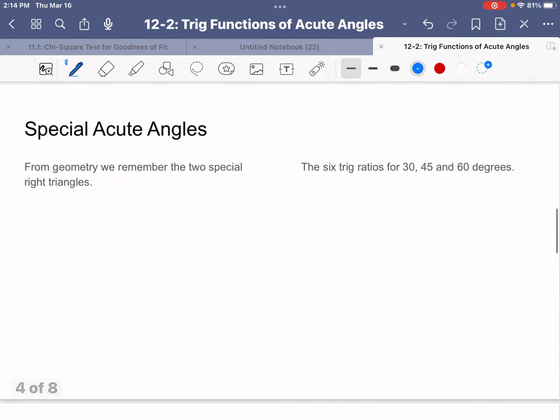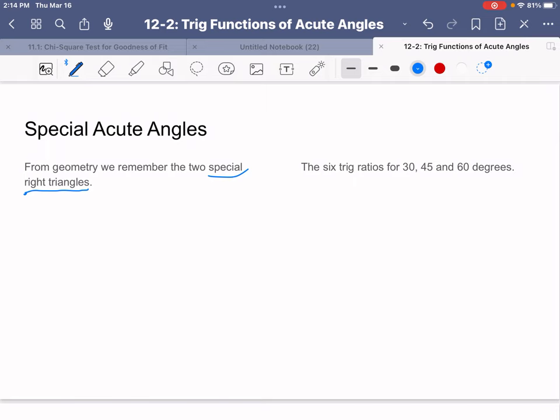Now, I want to put away the circular trig for a minute. We just started it. And I want to go back to geometry class and talk about 2 special right triangles that Mr. Schaefer or whoever your geometry teacher may have been, if you weren't here, emphasized and stressed that it's really important to know about these.